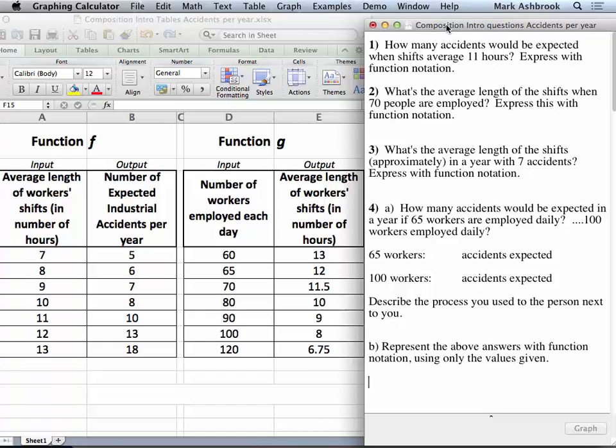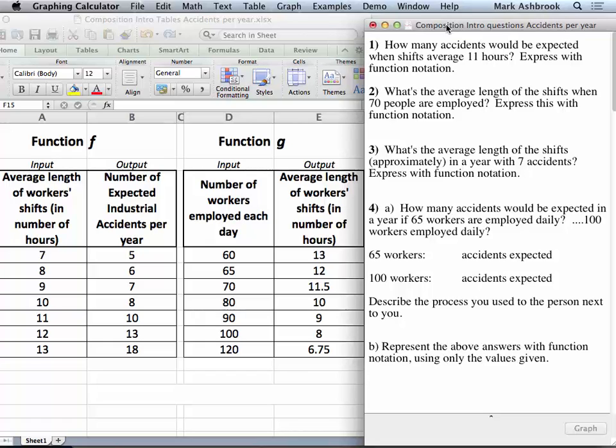Function f has an input of average length of workers' shifts, or shift length, okay? Shift length in number of hours. The output of that function then is the number of expected industrial accidents per year. So we're at some manufacturing plant, okay? Function g takes the input of the number of workers employed each day. For various numbers of workers employed, it outputs the average shift length in number of hours.